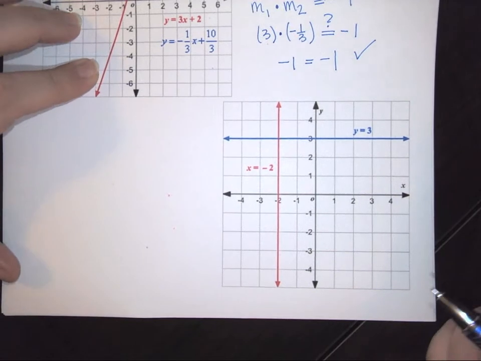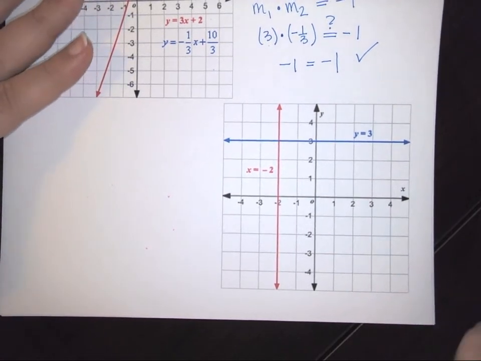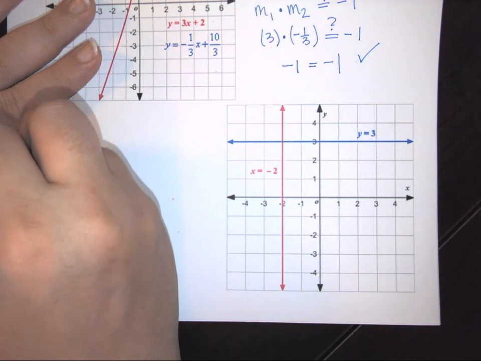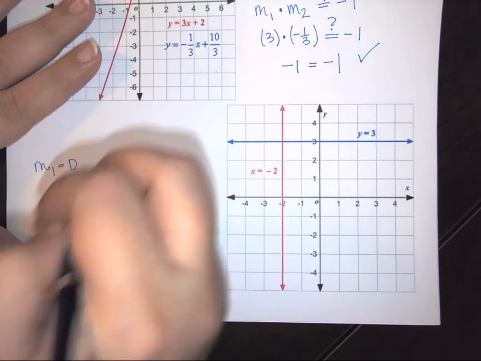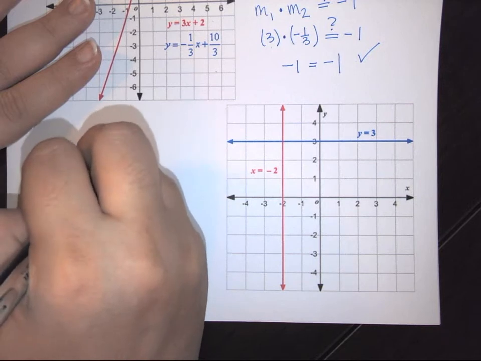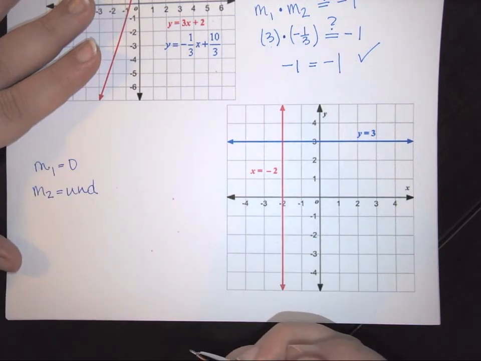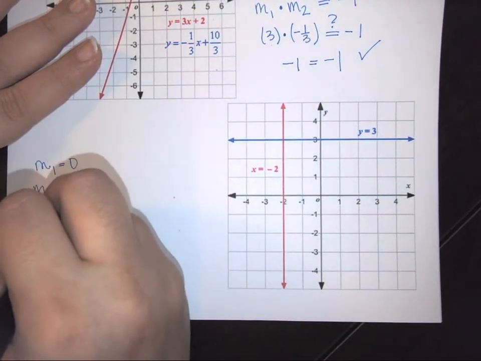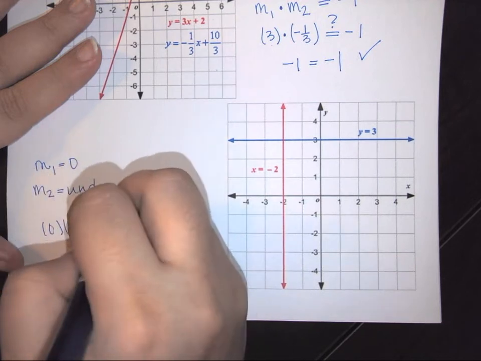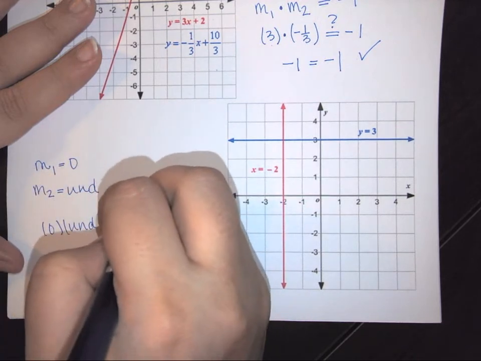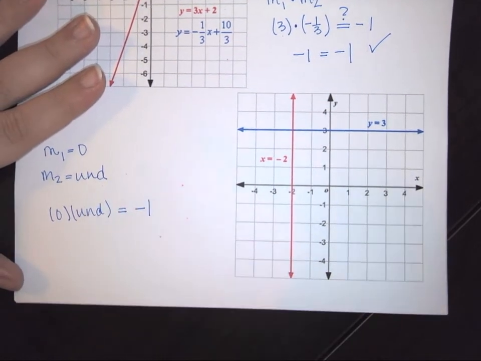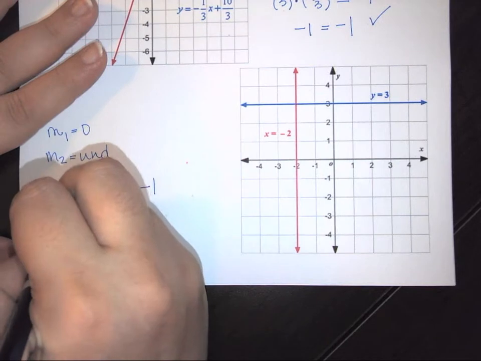So, as a fun thought, what that means, according to the rule, is if my first slope was 0 and my second slope was undefined, then the rule says that 0 times an undefined has to equal negative 1. Well, we have to look at what actually constitutes undefined.